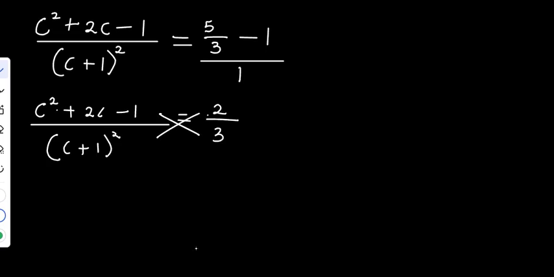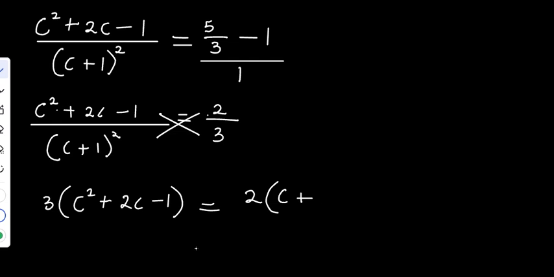So cross multiplying, we're going to have that 3 into c squared plus 2c minus 1 is equal to 2 into c plus 1, all squared.